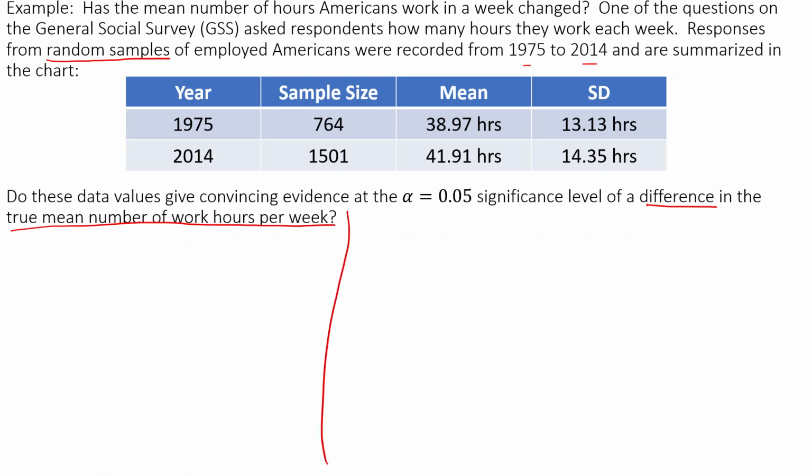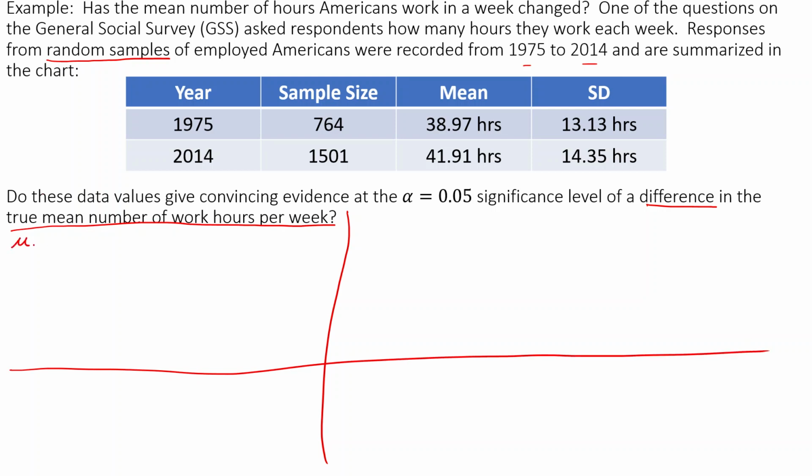All right, so we go ahead and draw our cross here. We're going to have the mean from 1975. So we could say mean 1975, or we could call it mean 1 if we want.